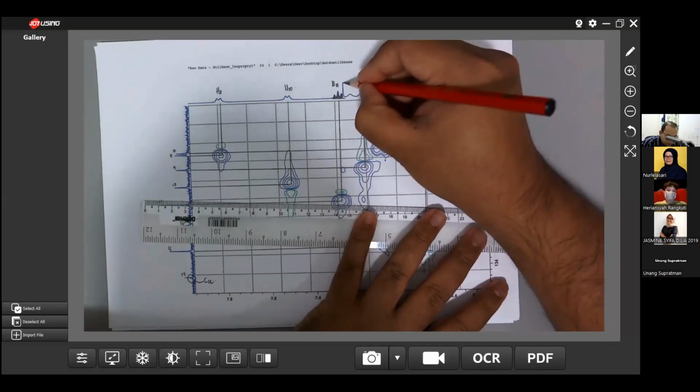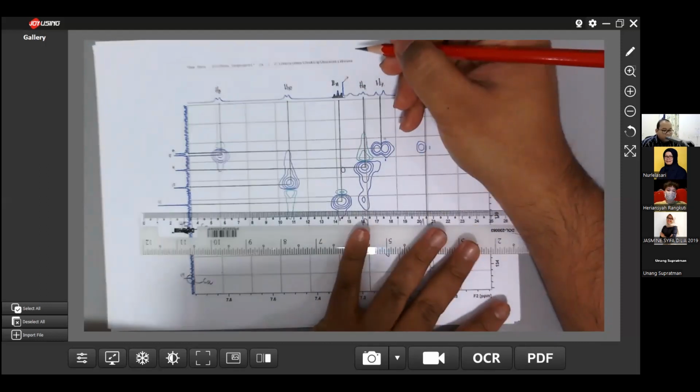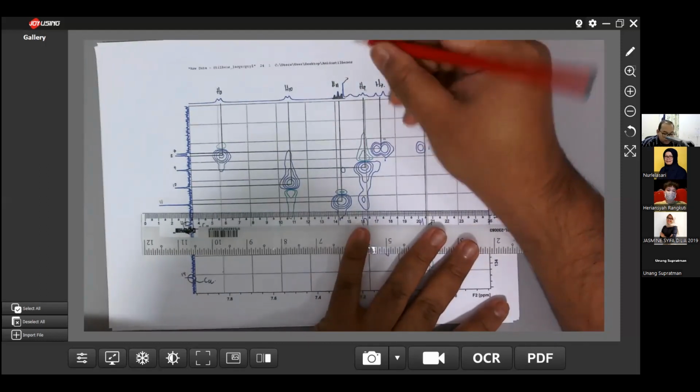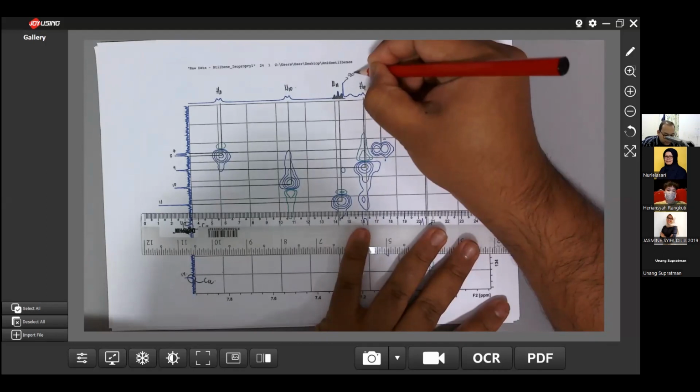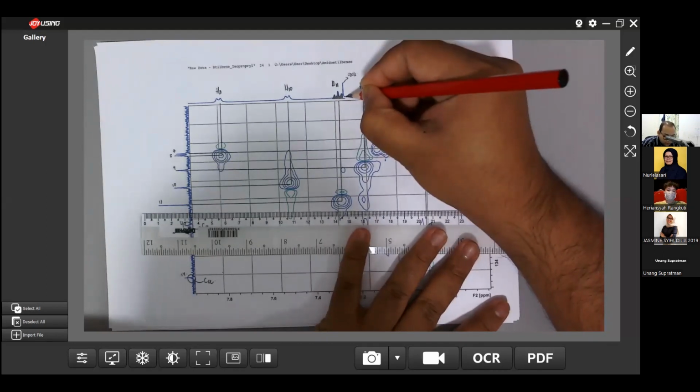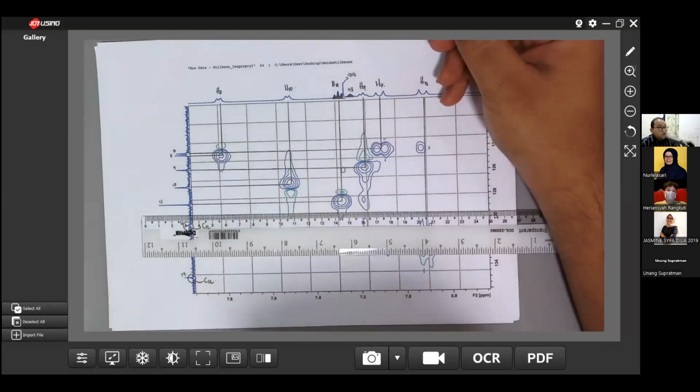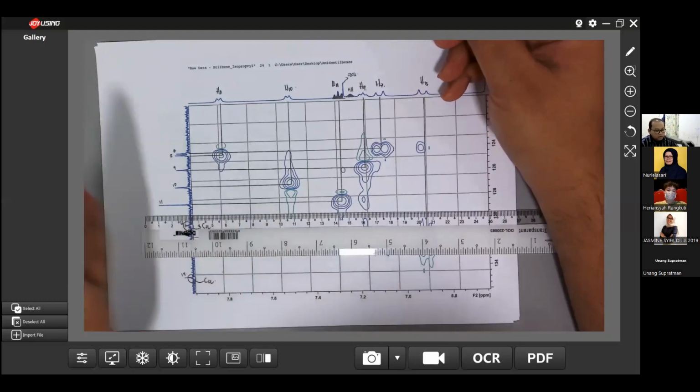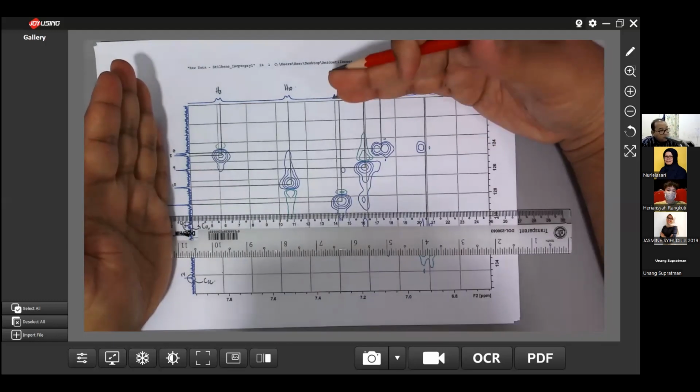This one, of course, refer back to the table that I gave you, the solvent table. So this one is CDCl3, and this is the broad NH. There is no correlation for NH because this is the carbon, this is the proton.